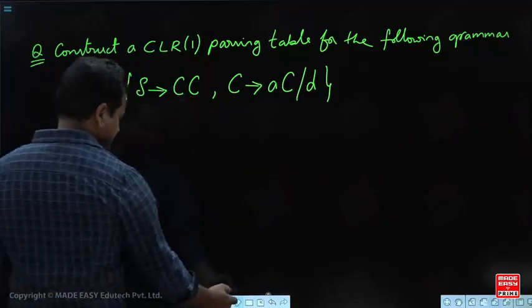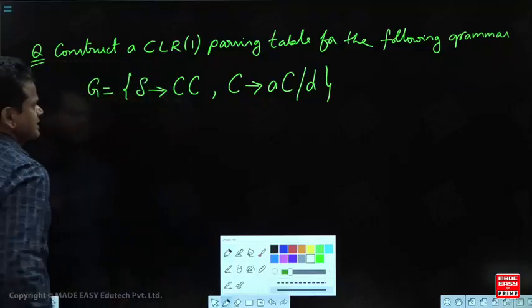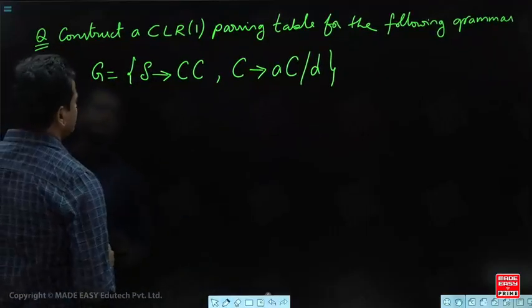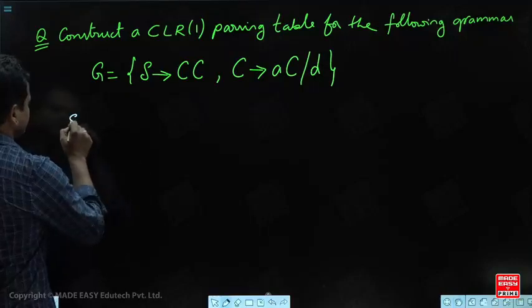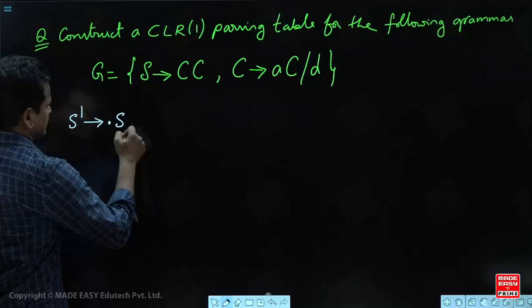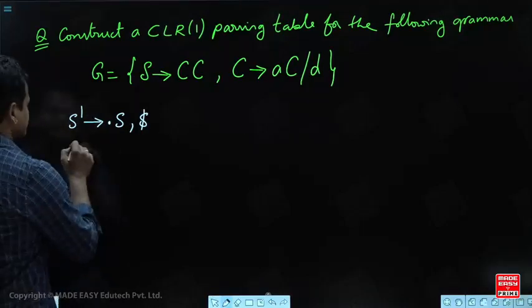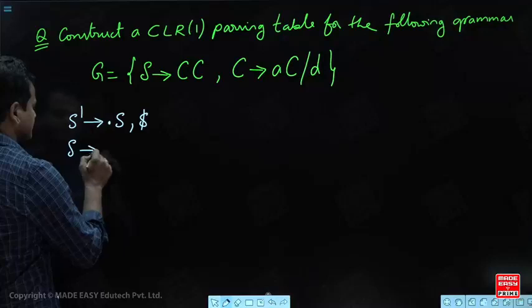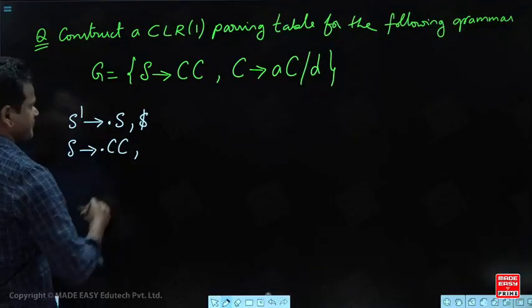So initially what must we do? Initially we must add an augmented production. What is the augmented production? S dash there is dot S, comma dollar. Dot of S, therefore add every production of S. S has only one production, CC.